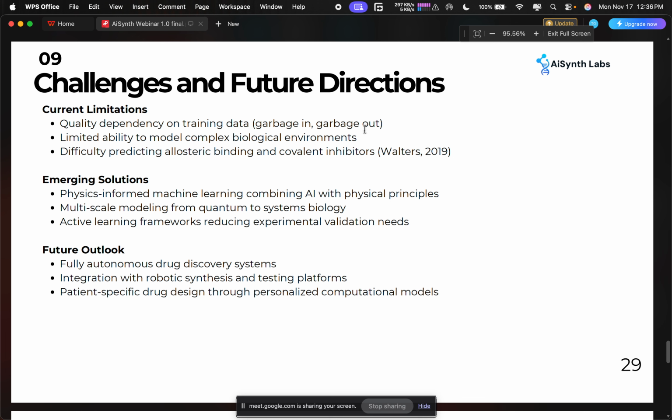So future outlook, what are we looking for computer-aided drug discovery to be like in future? We're looking for it to be autonomous, basically. We're looking for it to get very, very good, where we just press a button and we've discovered maybe two drugs depending on even your kind of person. You're a black person, this drug is the best for you. You're a white person, this drug is best for you.